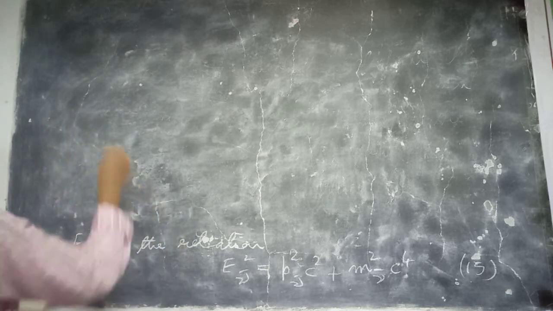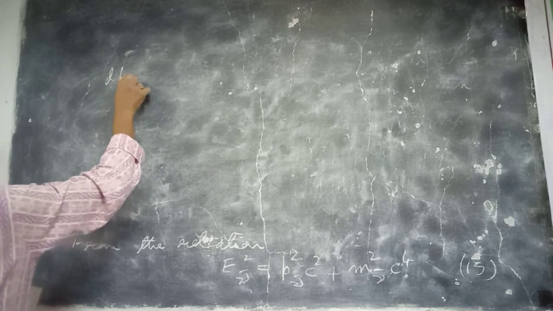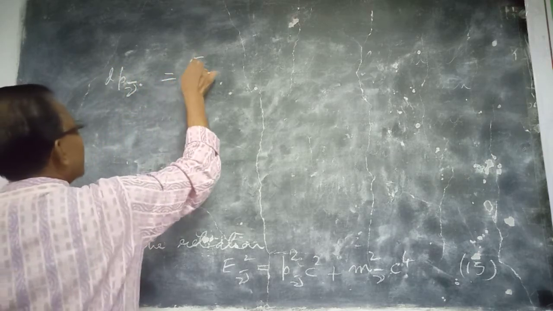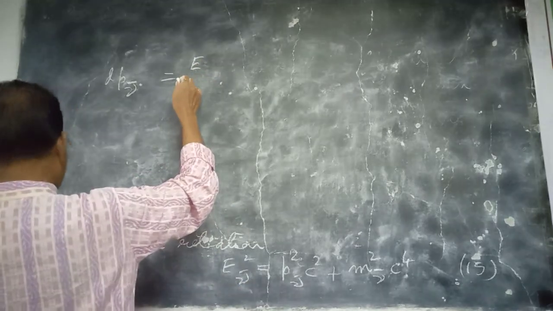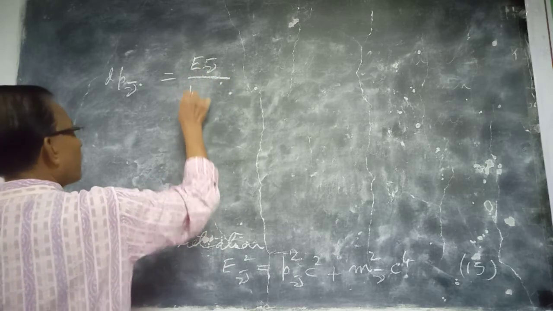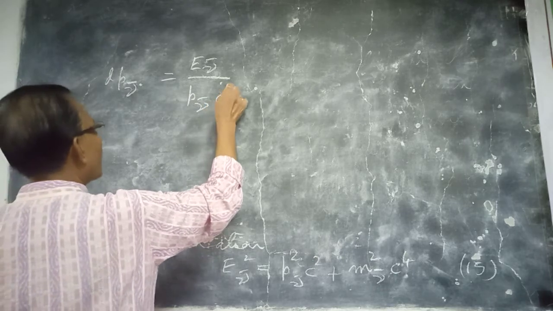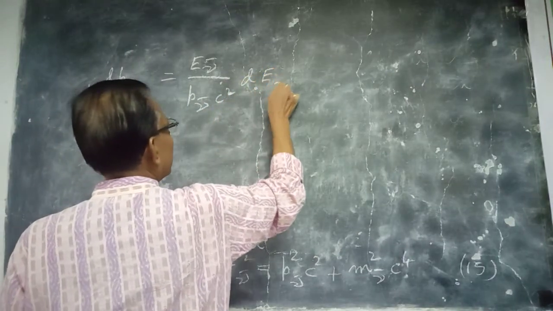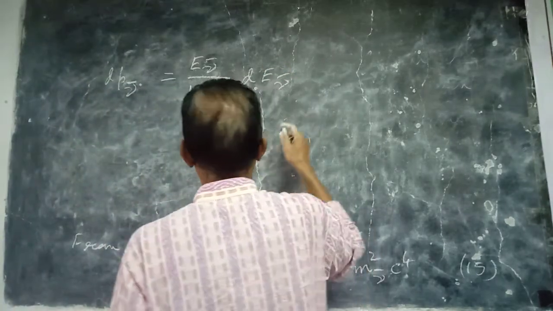Then we get dP nu bar is equal to, from this relation, E nu bar divided by P nu bar C square dE nu bar, and then differentiate it.